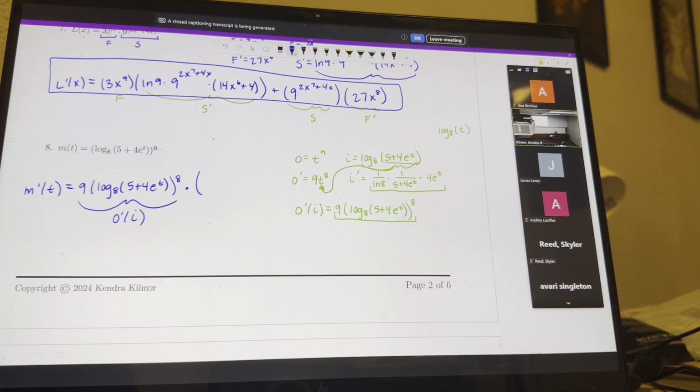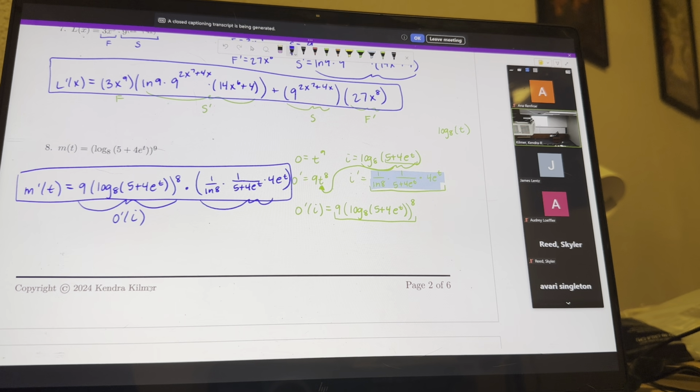Just for safety's sake, I'm always going to put that in parentheses. So that would be this over here, which is 1 over the natural log of 8 times 1 over 5 plus 4e to the t times 4e to the t. Again, that's the derivative of the outside evaluated at the inside times the derivative of the inside.